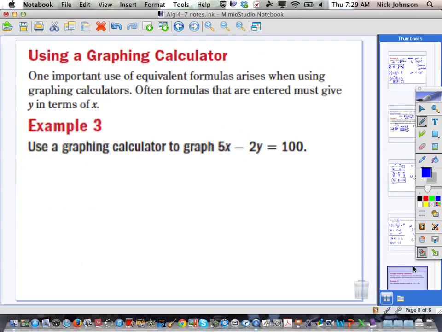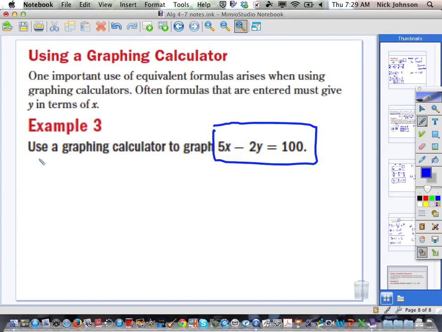Using a graphing calculator. One important use of equivalent formulas arises when using graphing calculators. Often formulas that are entered must give y in terms of x. Okay? So, like I said before, example 3 says, use a graphing calculator to graph this equation.